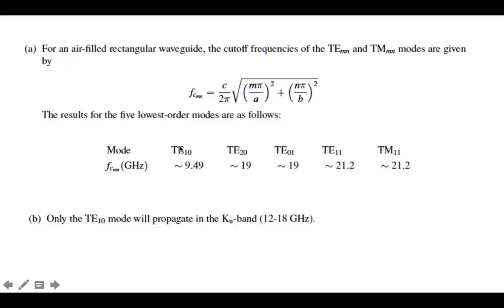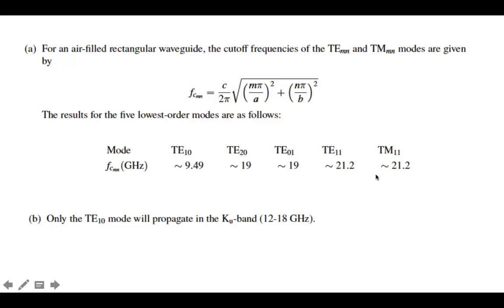If you plug in 1 for M and 0 for N, you get that the mode is 9.49 gigahertz. If you plug in 2 for M and 0 for N, you get roughly 19 gigahertz. You get the same thing if you plug in 0 for M and 1 for N, and so on.